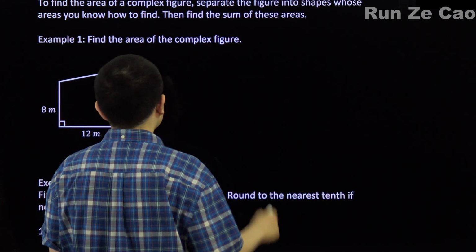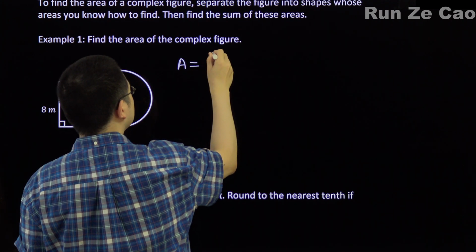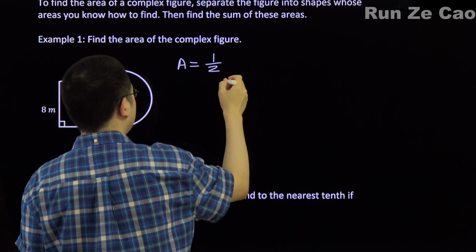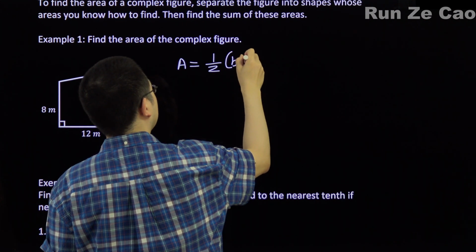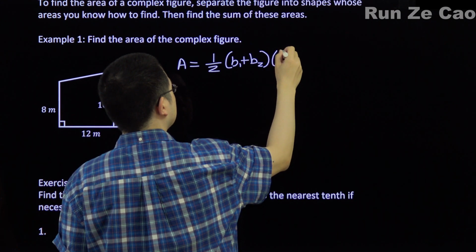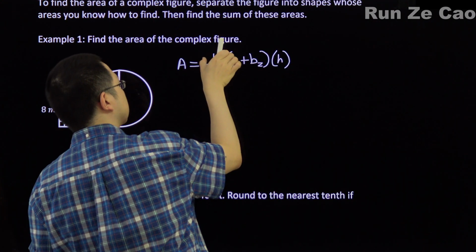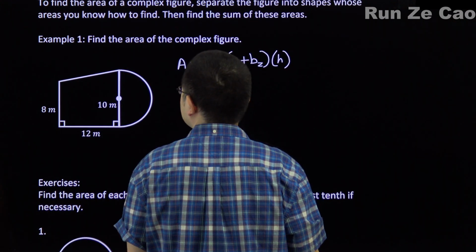So, we got area equals 1/2 base 1 plus base 2 times height. This could have gone just over the half part, but oh well.